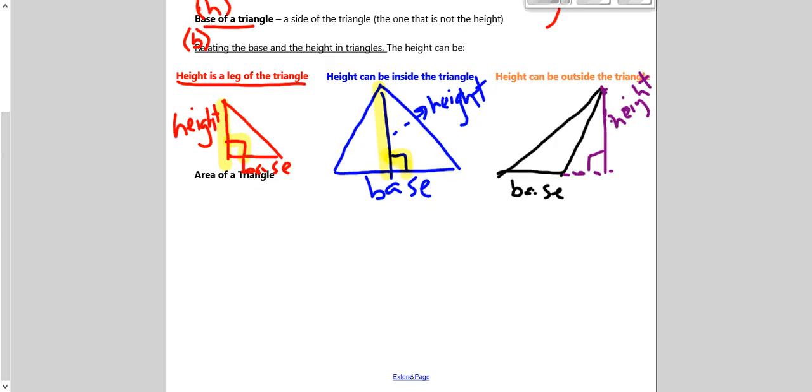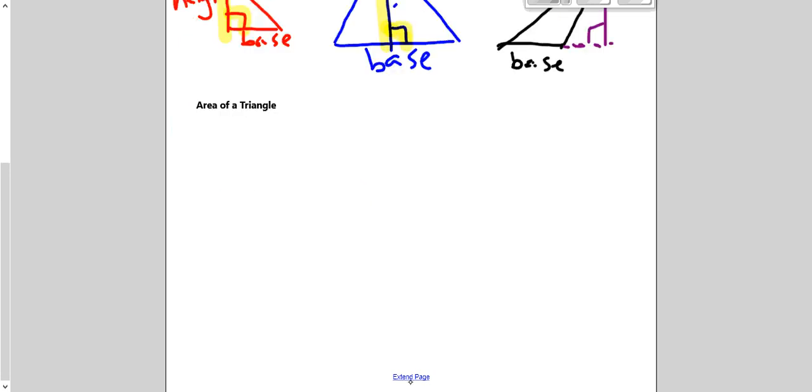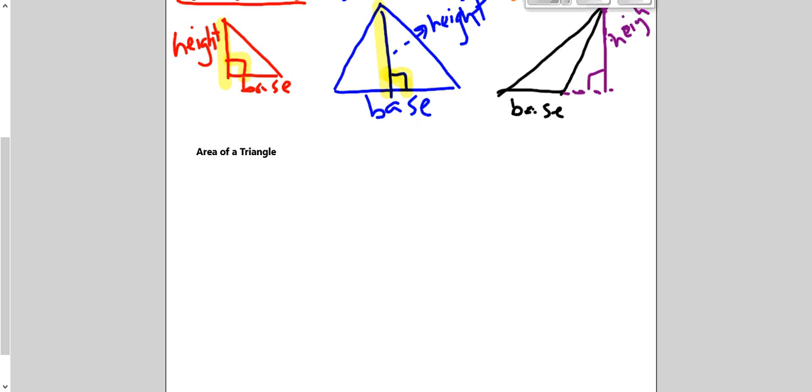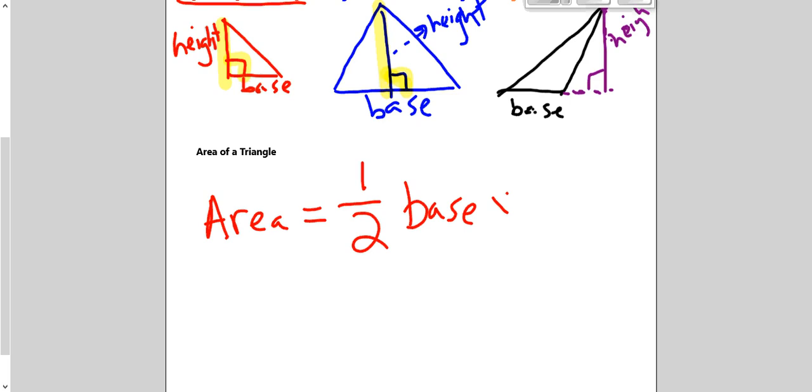So these are the three cases that you can get. Either the height is a leg, the height is inside, or the height is outside. In any of the cases, to find the area of a triangle, you use this formula. Area equals 1/2 base times height.